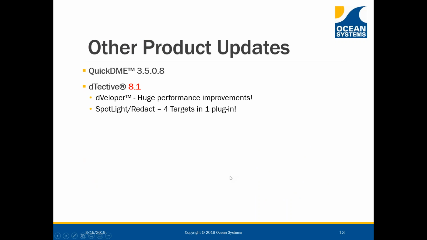What else have we been up to? Well, Detective 8.1 was released earlier this year, where we made some huge performance improvements to Developer. Developer is our frame averaging solution, one of our flagship tools leveraged in Avid Media Composer.